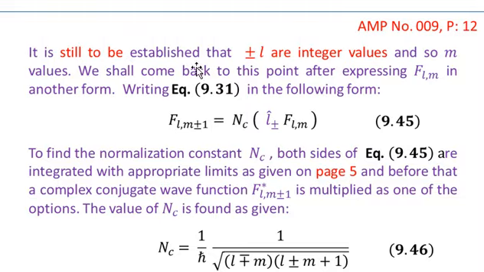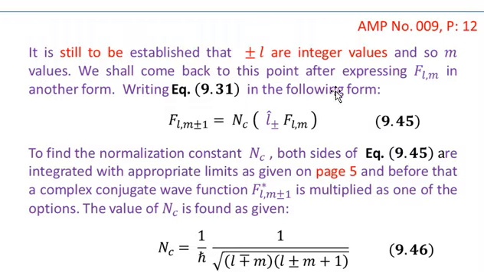It is still to be established that plus minus l are integer values, and so m values are also integer. So we need to establish that plus minus l are integer values, and that m are also integer values.